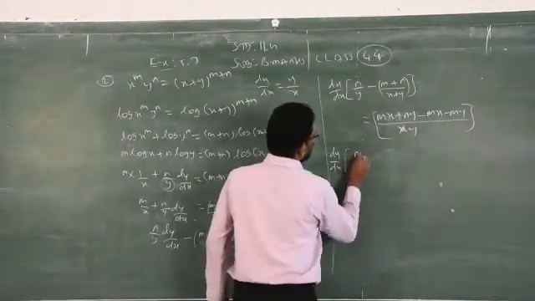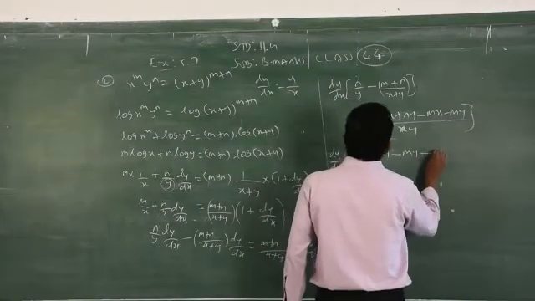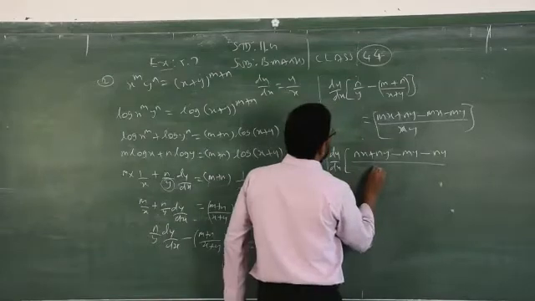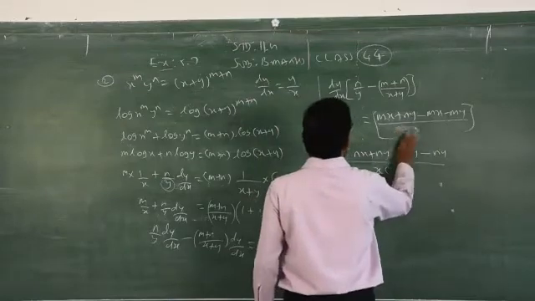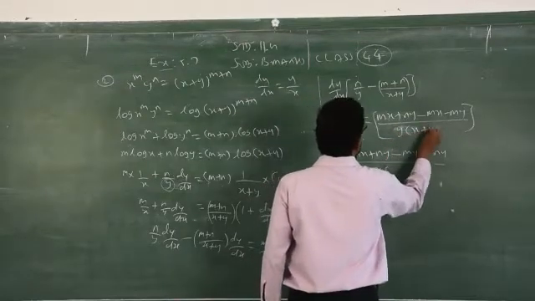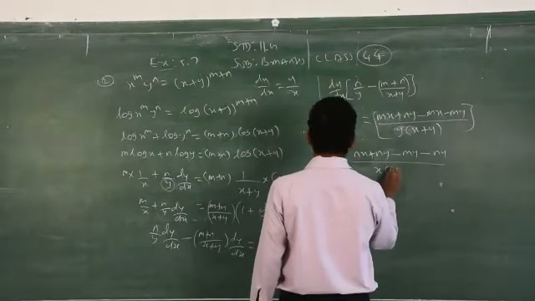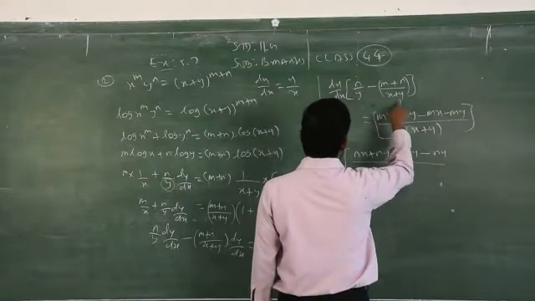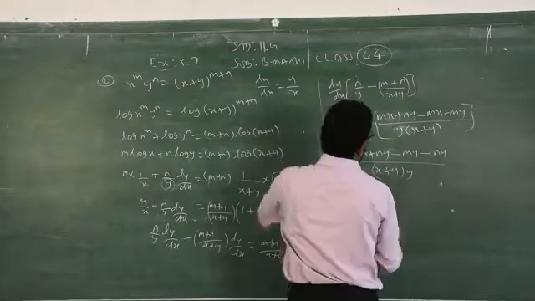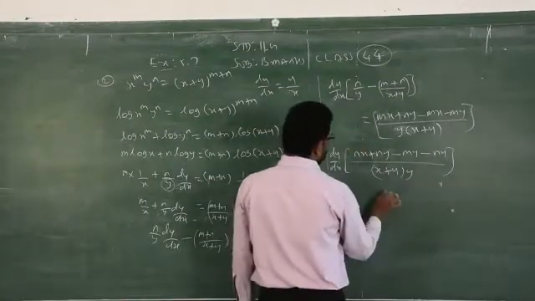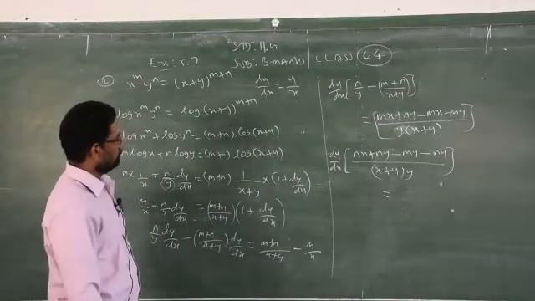What is that? nx plus ny minus my minus ny by x into, so here also the same will come, y into x plus y. Here x into x plus, the left side, x plus y into y, close the bracket, is equal to the right side. See, somewhere I made mistakes, check it up.